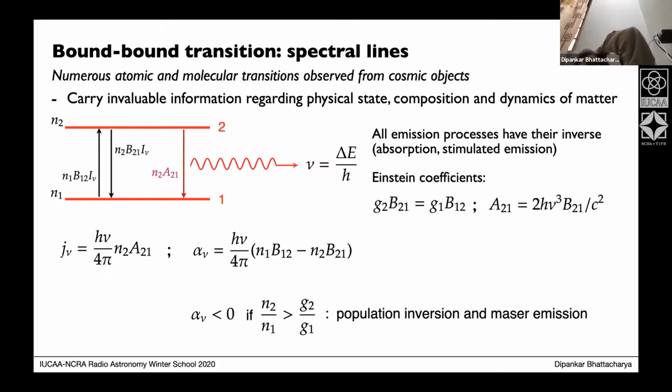This is called maser emission or laser emission. For this, one has to create a population inversion by which N2 B21 becomes larger than N1 B12. If such a population inversion does take place, then you can see maser amplification of incident radiation.